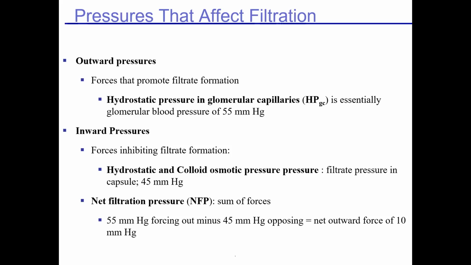We have back pressure in Bowman's capsule, and that leaves a net filtration pressure. And this is an important term. Net filtration pressure is about 10 millimeters. 10 millimeters is just fine. Strong enough to force the filtrate through the nephron, but not so strong that it would damage the structure.